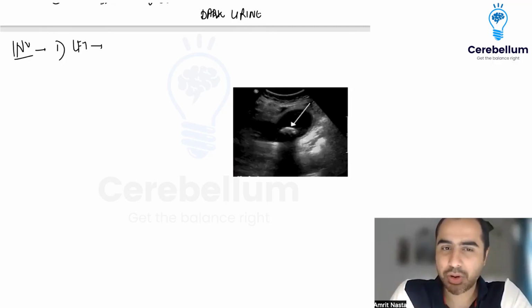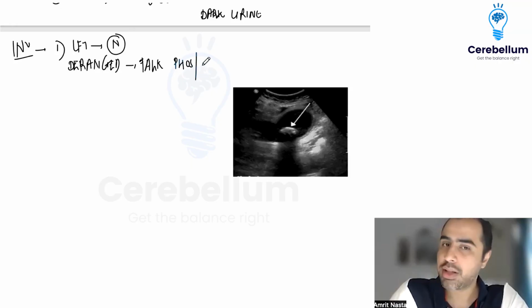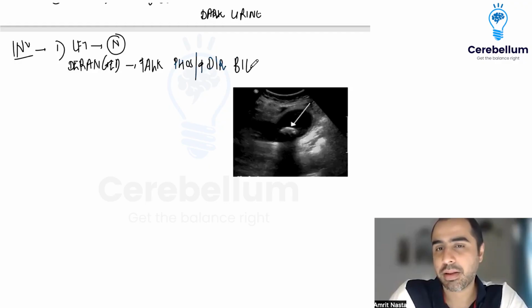Will bilirubin increase in gallstones? No, LFT will be normal. If it is deranged, and the derangement is increased alkaline phosphatase or an increase in direct bilirubin, that means the person is having obstructive jaundice.